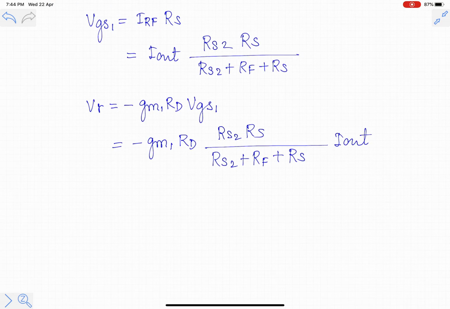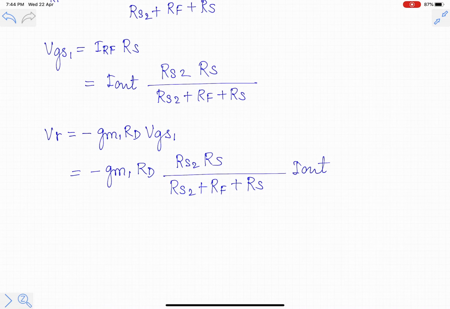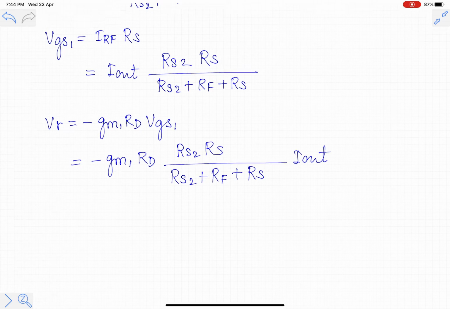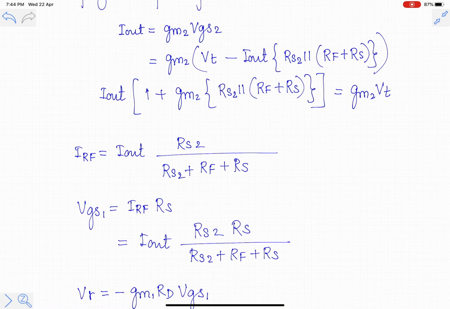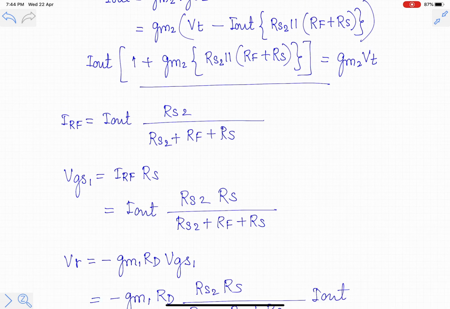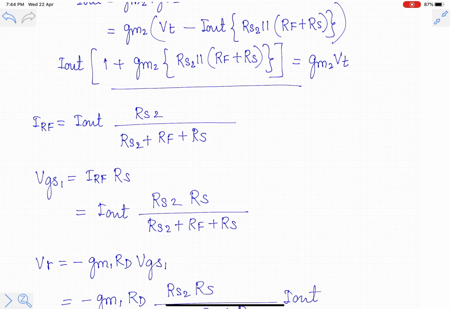So we have the value of VR. I out also we have found out, I out is given by this factor. From this we can write down the expression for I out: I out is equal to GM2 Vt divided by this factor.